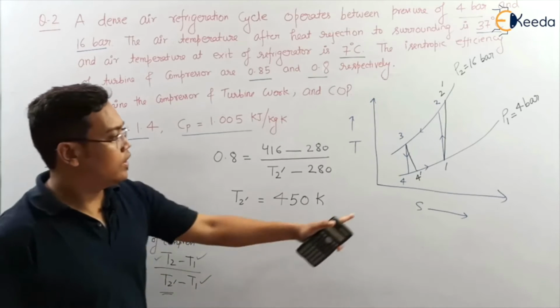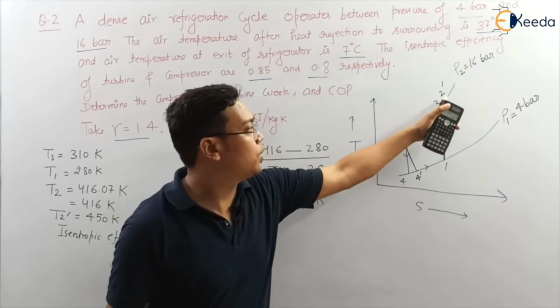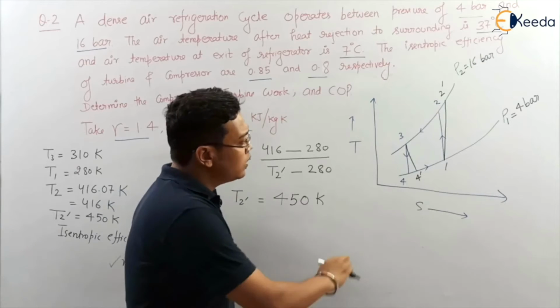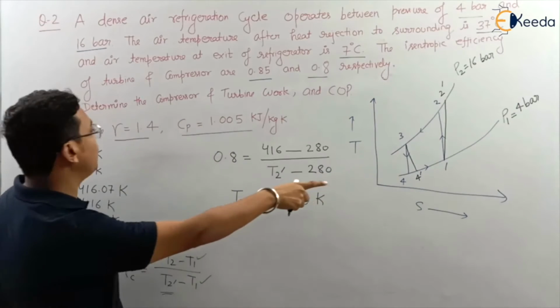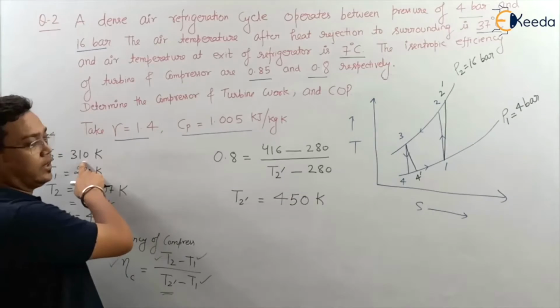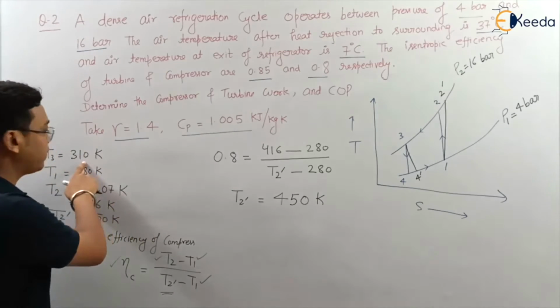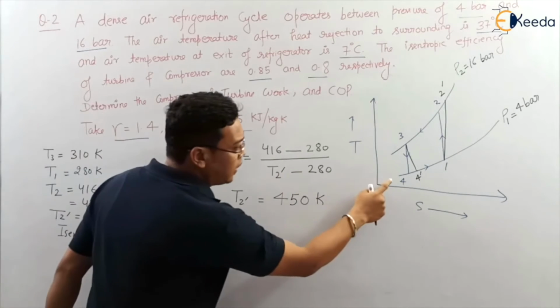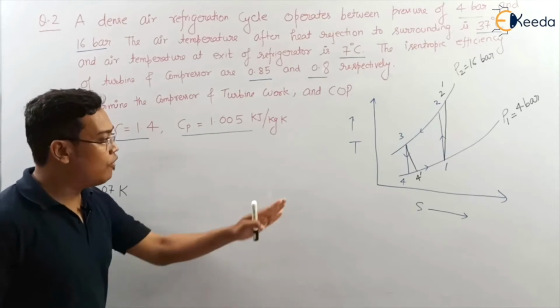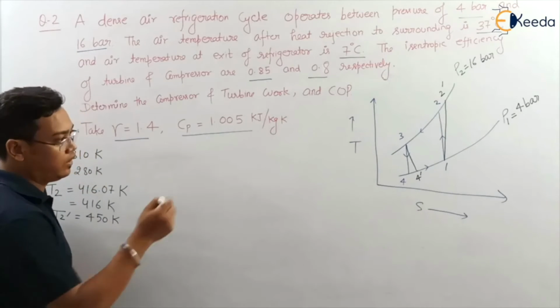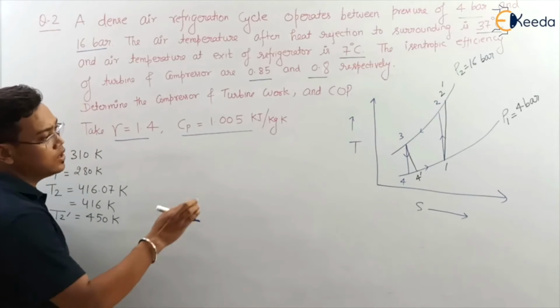So you know T1, T2, T2 dash. Now in the same way we will calculate T4 and T4 dash. T3 you know, 310 Kelvin.